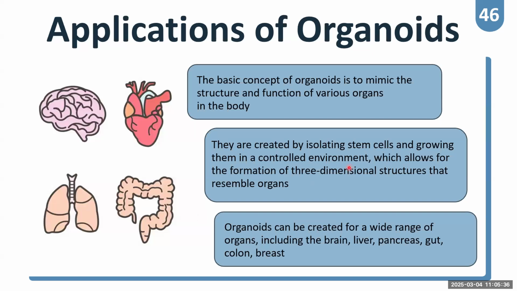And the 3D organoid is isolated from not only the stem cell but also the tissue. It can control and mimic the tumor microenvironment from the real patient. And now there is a wide range of organs, not only those listed here, but a lot of organs that can be derived into organoids.